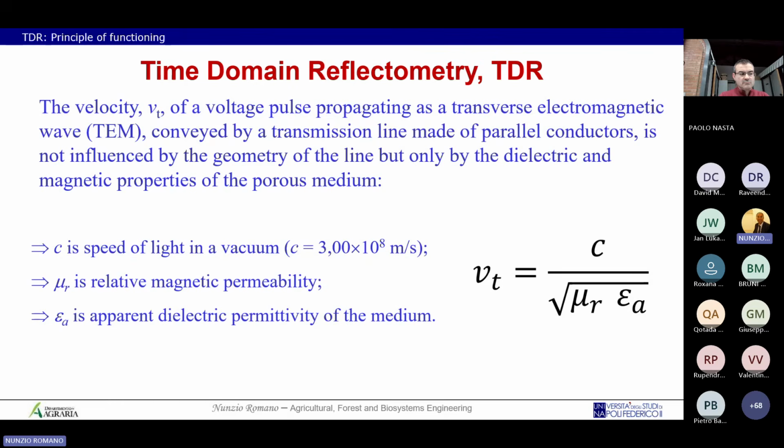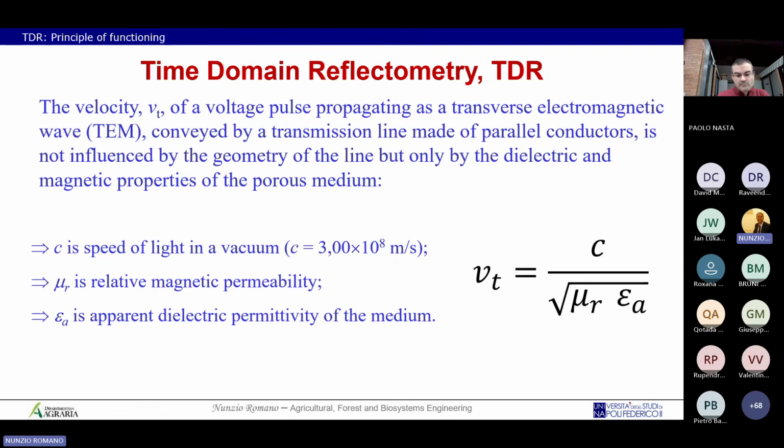This is conveyed in a transmission line, and the rods are embedded into the soil. So the equation that governs this velocity is in the bottom right of this slide.